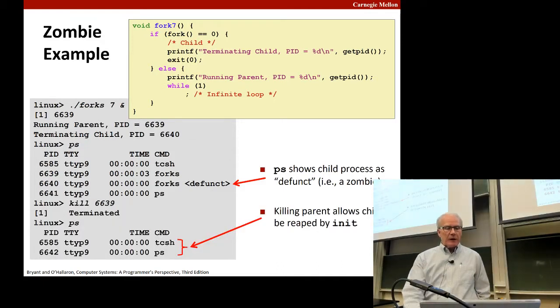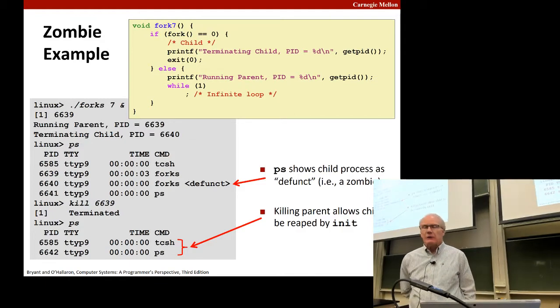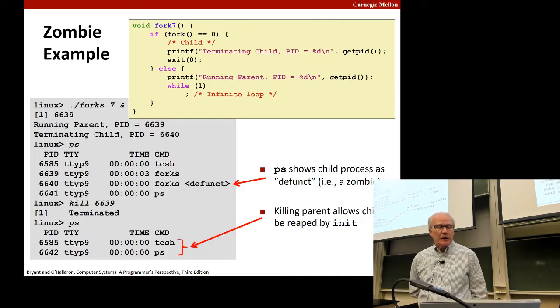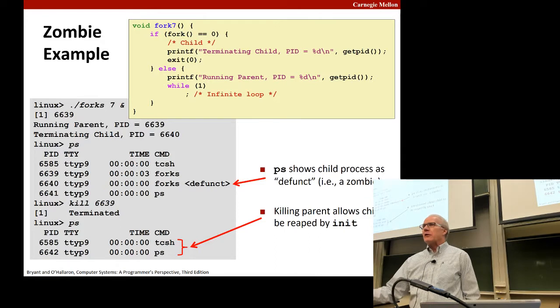Now, if we kill this process, and in this case we do it explicitly with a command where you just say kill and then give a process ID, then it will terminate the parent. And in doing so, the zombie child is inherited by the main initial process of the system, and it will do the reaping.